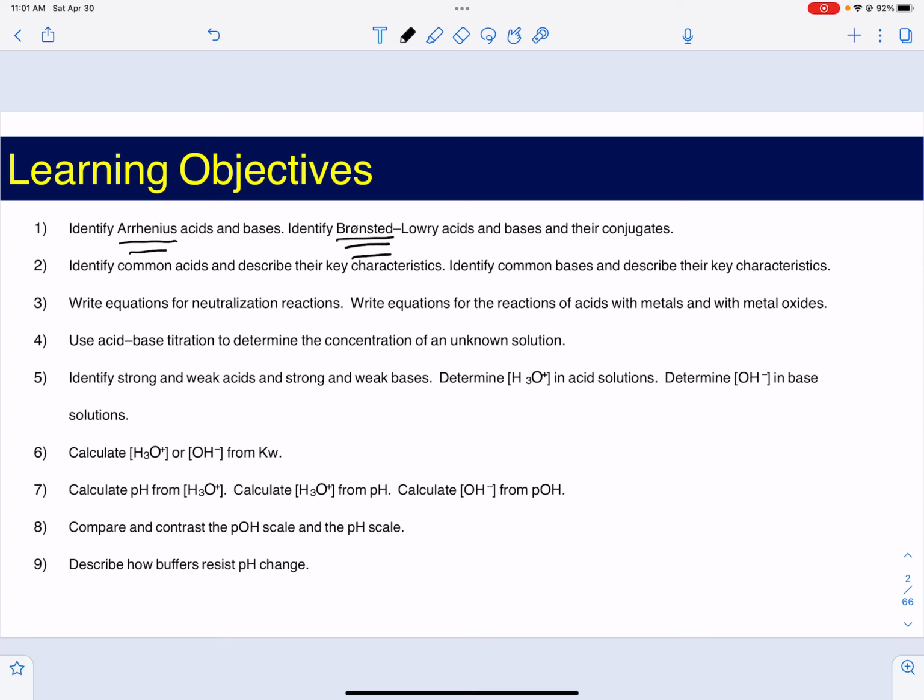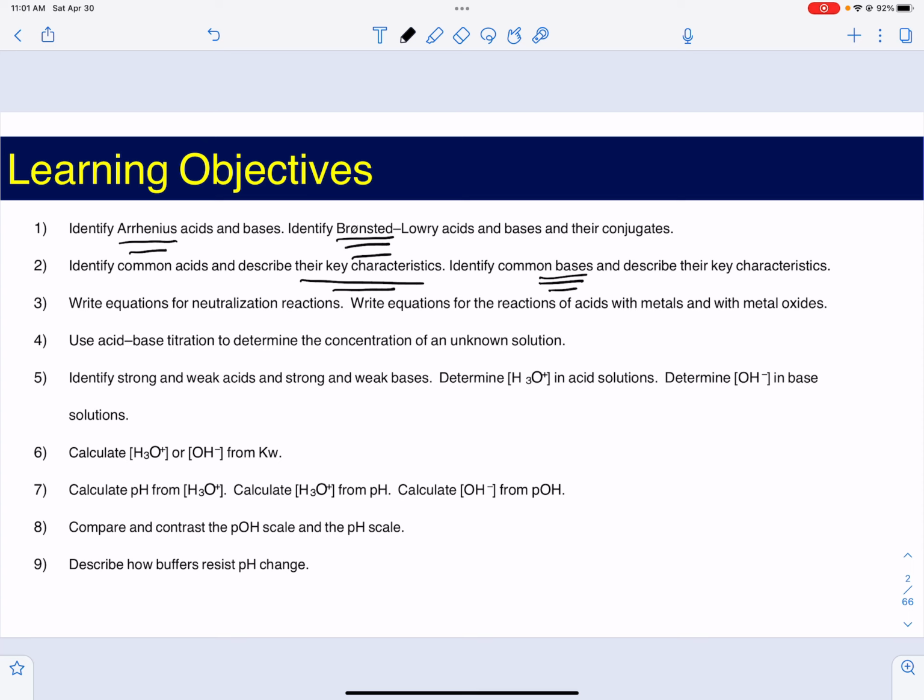Then we will briefly talk about characteristics of acids, though I'm not going to really cover it. Acids are going to be sour, while bases are going to be kind of soapy and chalky. A lemon is very sour because it has a strong acidity.